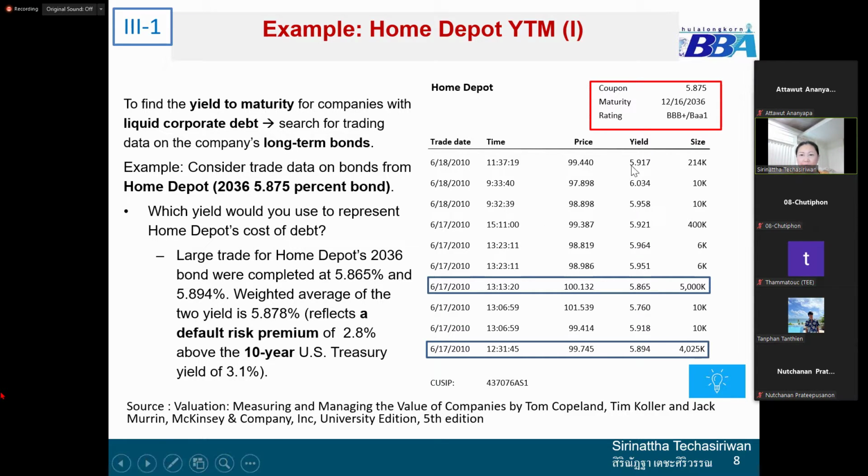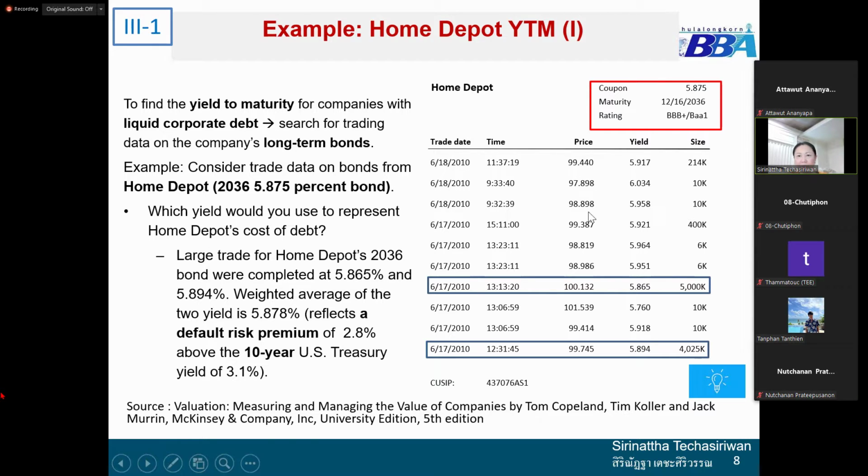If the market for this bond is efficient, the price should be the same for all transactions, because the fundamentals or the risk of the bond shouldn't change within a day, a minute, a second. So it should be the same. But since there are buyers and sellers, the price can be a bit volatile.